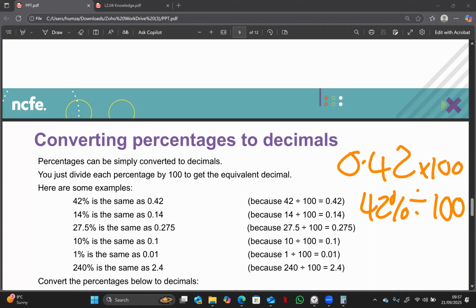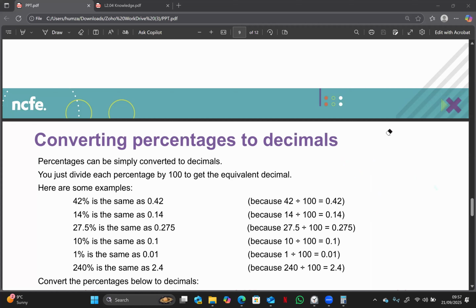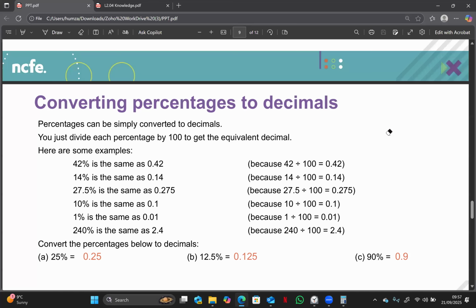For these questions, we'll quickly do them because it's not too hard. Let me just cross the answers out. I don't know why they've got the answers available. They shouldn't have this. So how would we do the first one? 25%, convert it into a decimal.